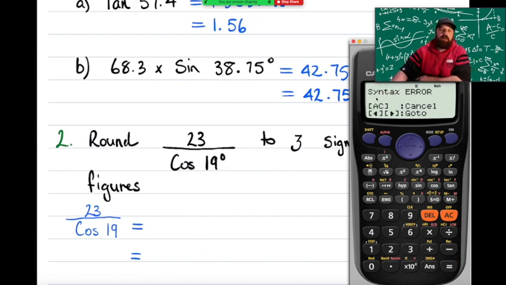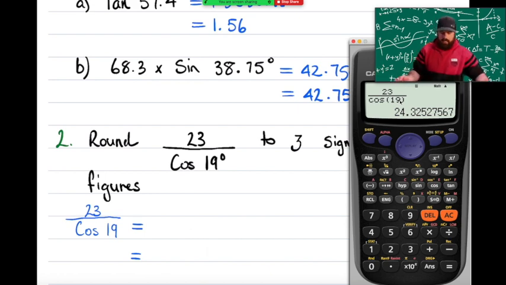Syntax error just means you've typed something wrong in your calculator and it's not sure what's going on. If I hit my replay button, you can see at the end of 19, I forgot to close my bracket. So I need to go over there and make sure I close my bracket. And once I've got my bracket closed, my calculator's happy.